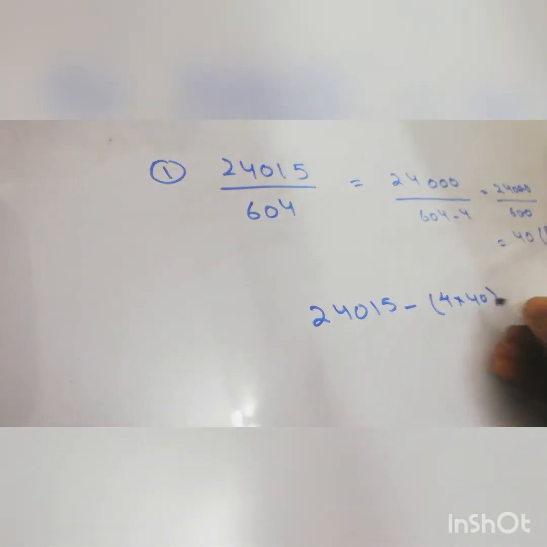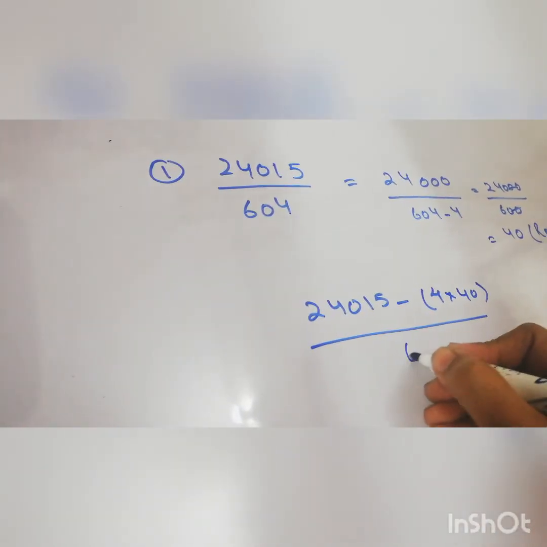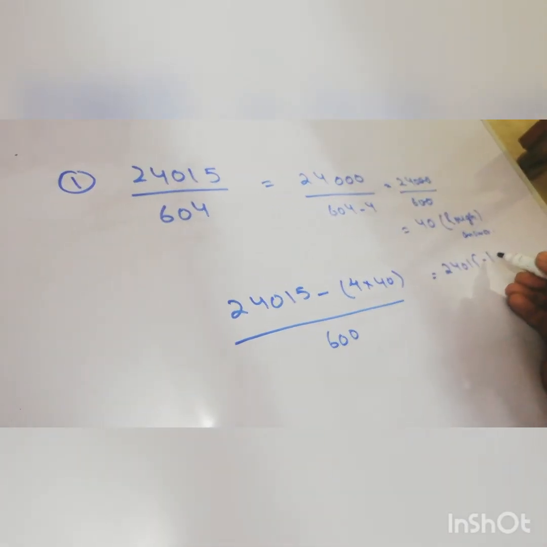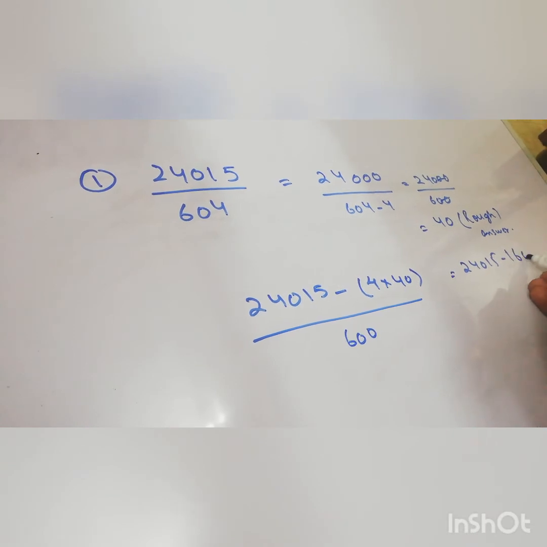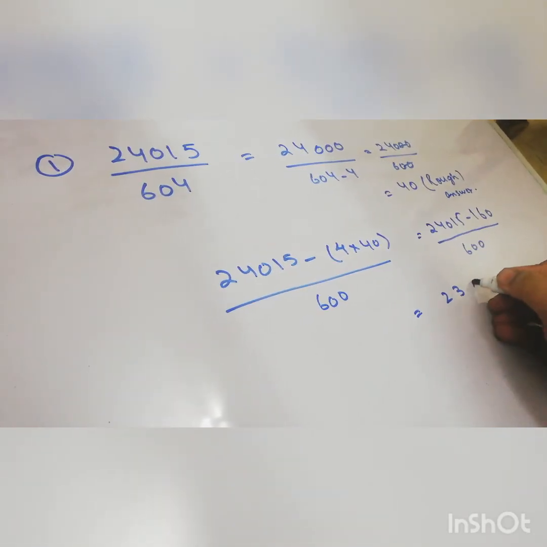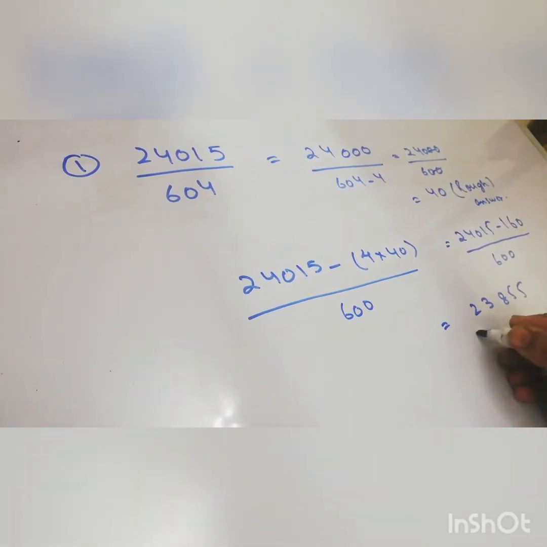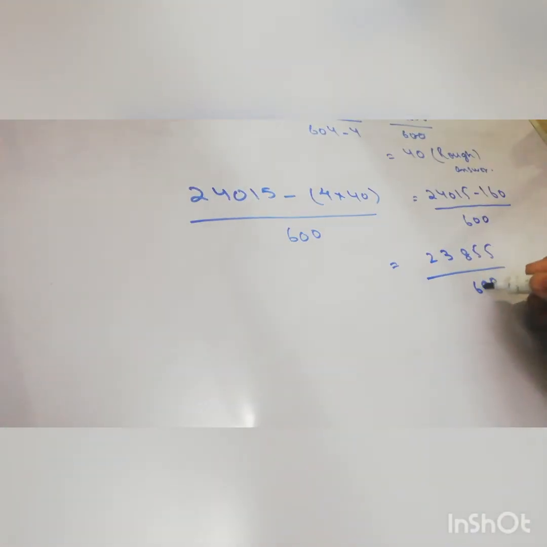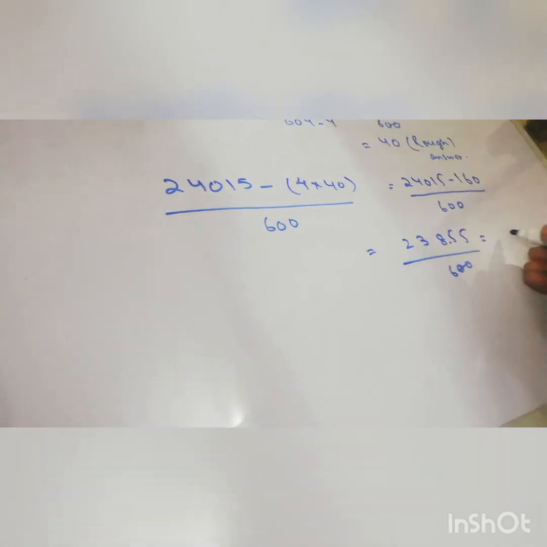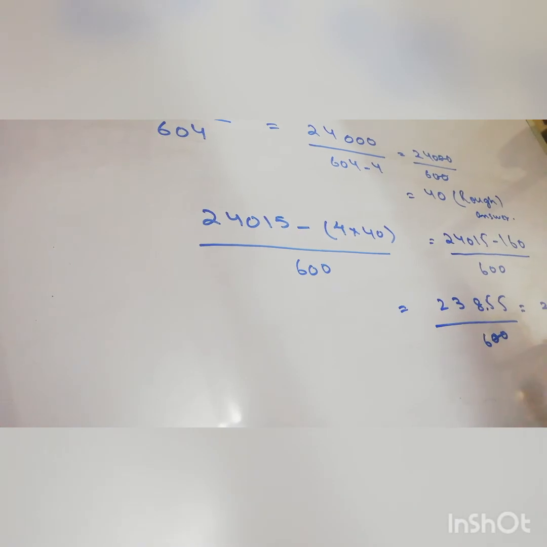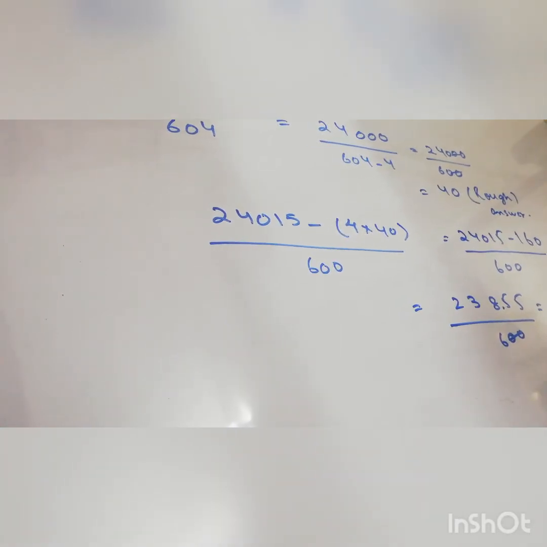So I will subtract the multiple of 4 and 40 from 24015, which would be equal to 23,855 divided by 600. After division, first of all I will add the decimal, and then I will just divide 238.55 by 6, and after division I will get 39.75, and my calculator is also giving me the same answer. Isn't that amazing?